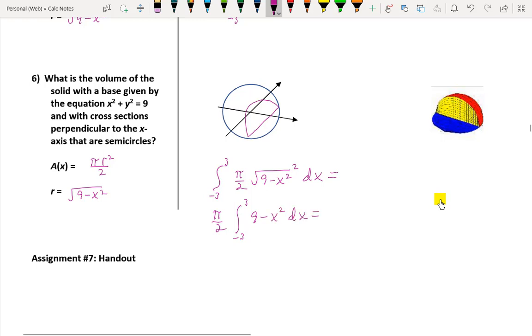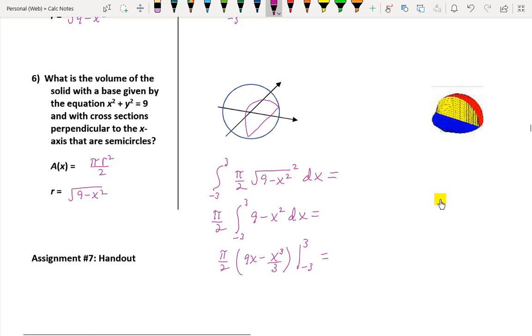Taking an antiderivative, we would have pi halves times 9x minus x cubed over 3, and we're going to go from -3 to 3 here.